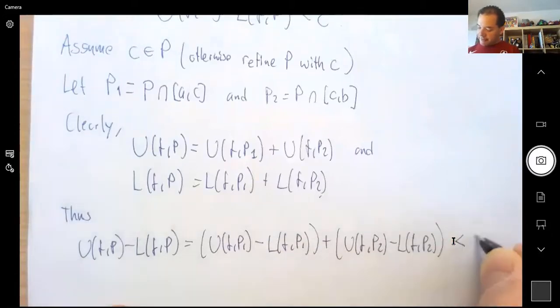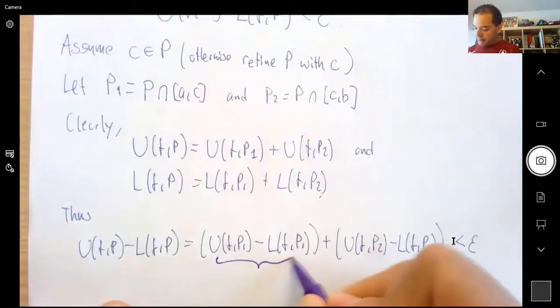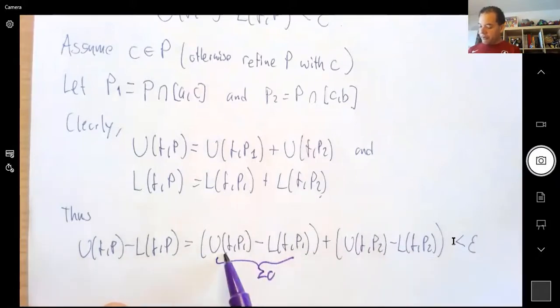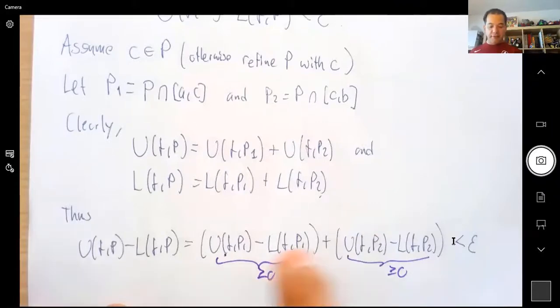And this is less than epsilon, right? But each one of these is positive. So this is positive because we already know that the upper sum is always bigger than the lower sum. And this is also positive. So if I have two positive numbers whose sum is less than epsilon, then each one of them is less than epsilon.